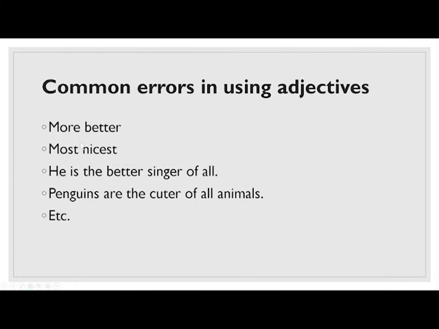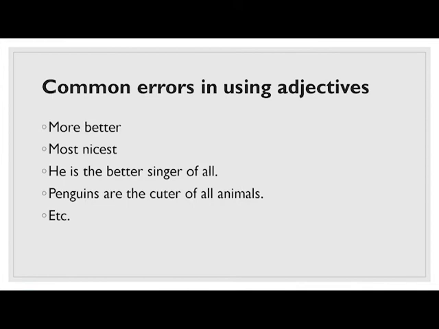So for example, the second mistake, the second error that some students make is they use two adjectives in the superlative form. For example, they say most nicest. This student or my friend is the most nicest person you can imagine.